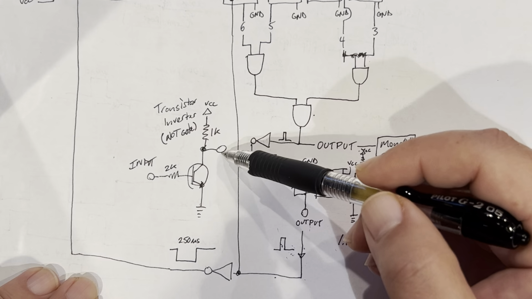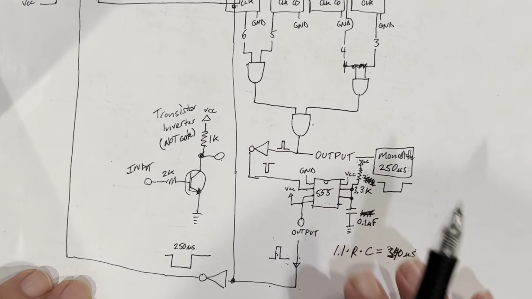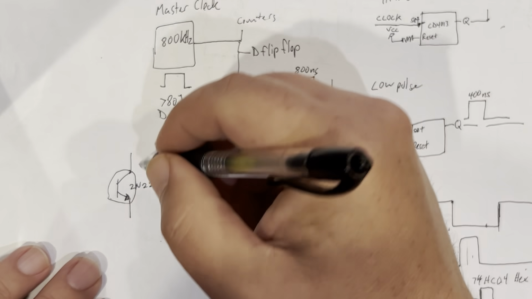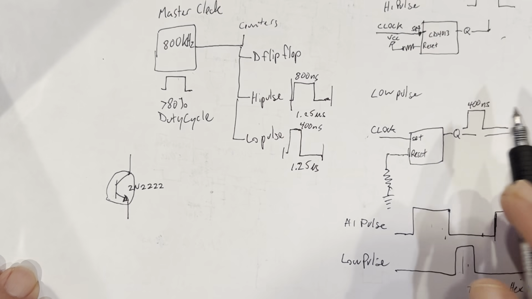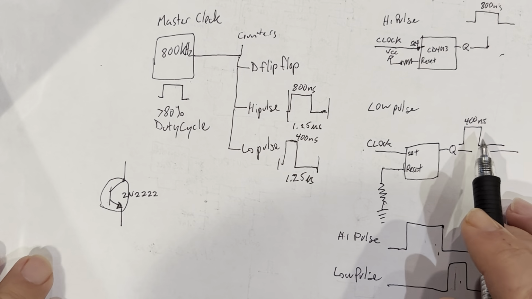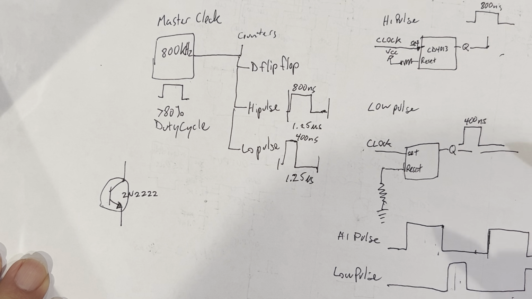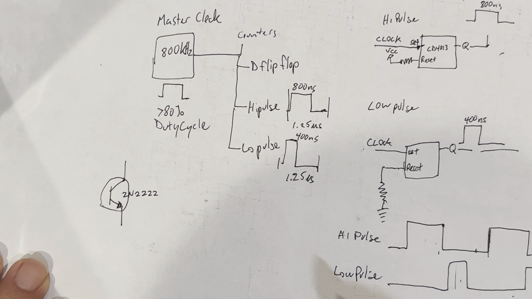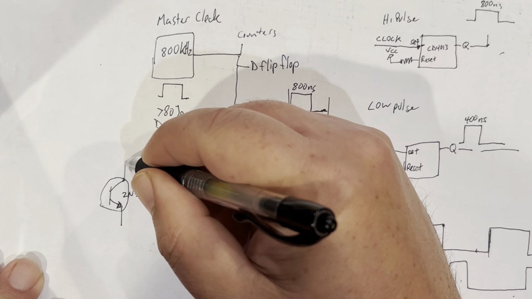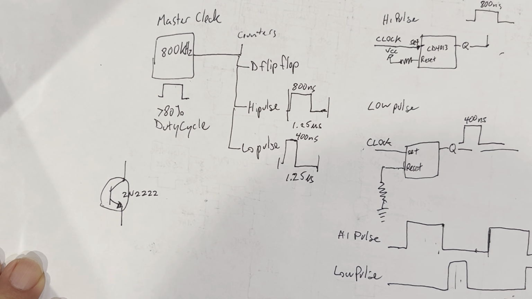And basically, to take a low pulse signal and invert it, you would need to invert it twice in order to maintain the same low pulse signal. So I basically put this through 2 inverters.